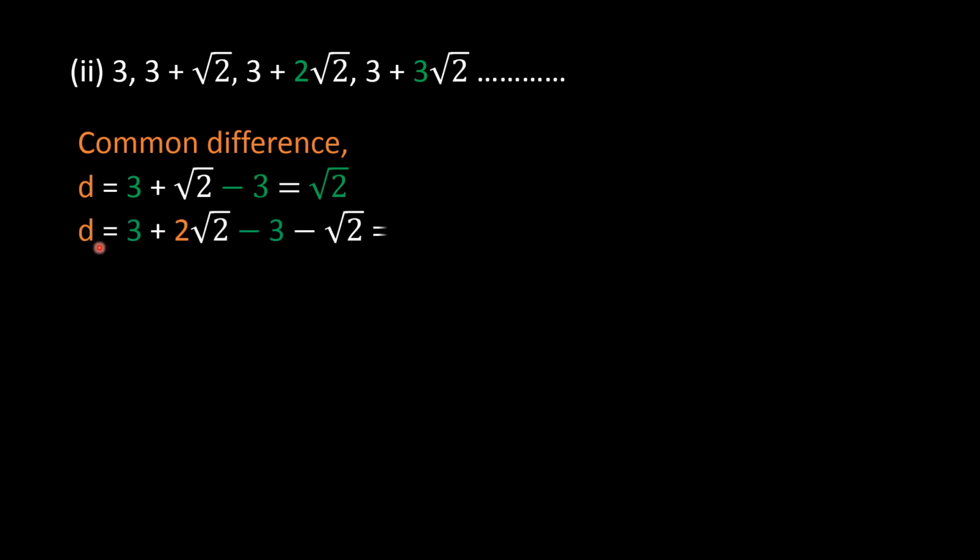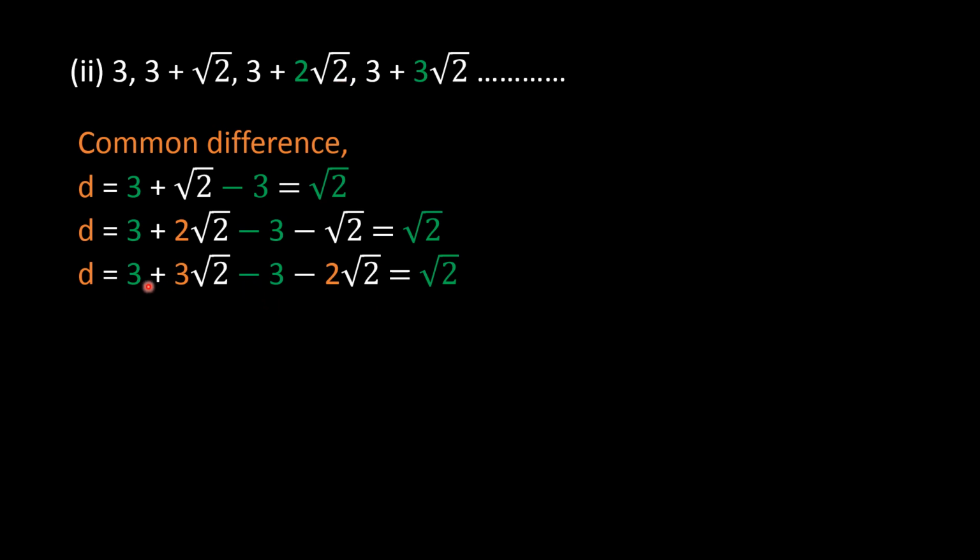So we have D equals 3 plus 2 root 2 minus 3 plus root 2. So here 3 minus 3 will be 0, 2 root 2 minus root 2 will be root 2. So we have D equals root 2. Now we will use the fourth term and the third term to find D. So we have D equals 3 plus 3 root 2 minus 3 plus 2 root 2.